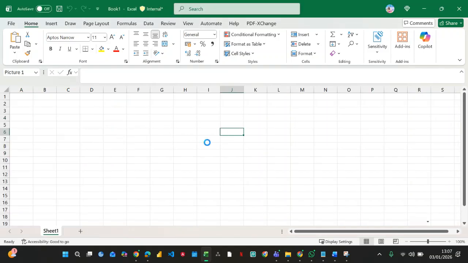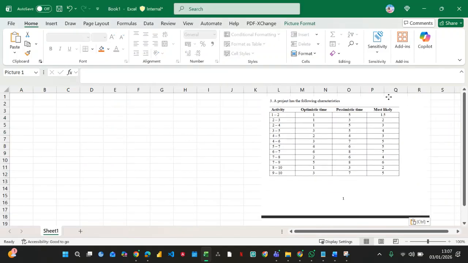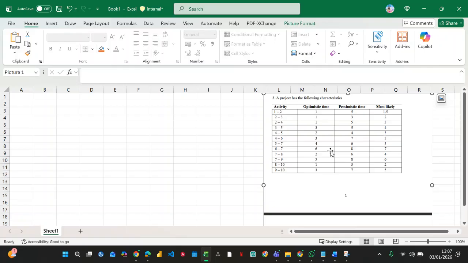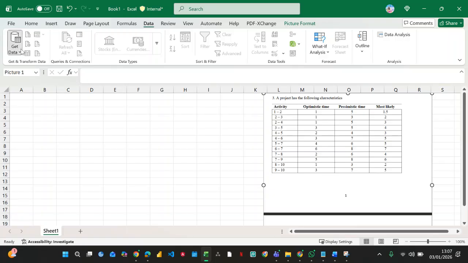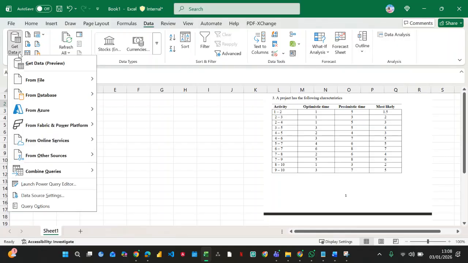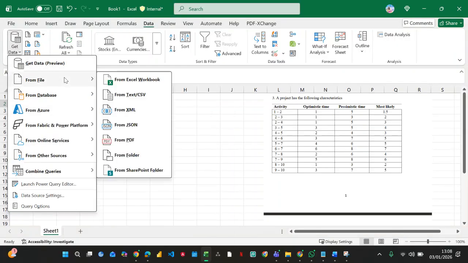Okay, so I'll put it here and then I will need to convert this. I want to convert this into Excel. It's not an image.